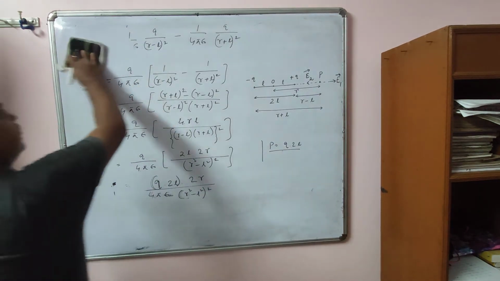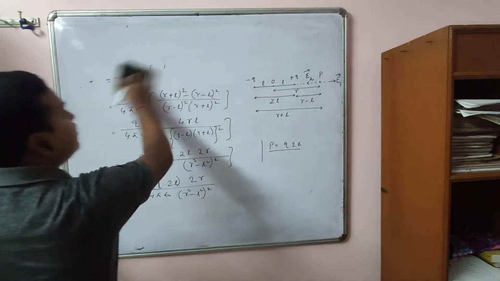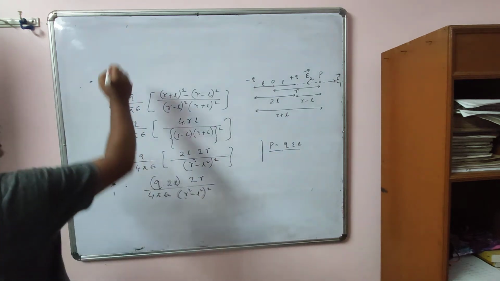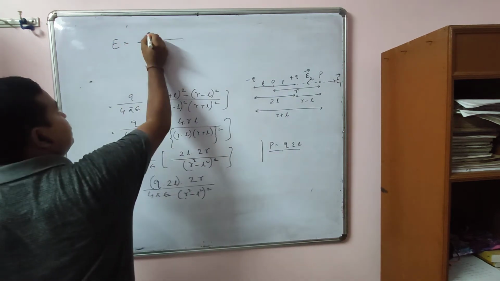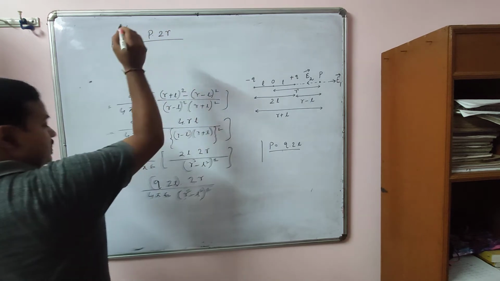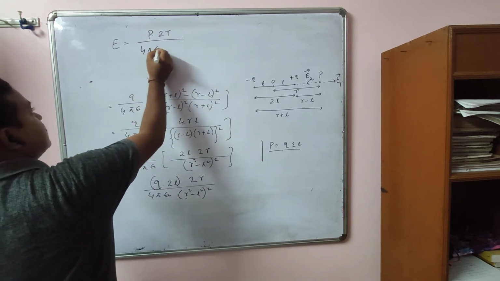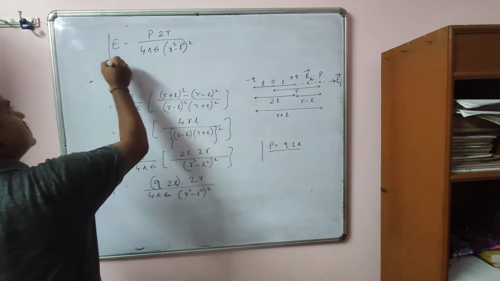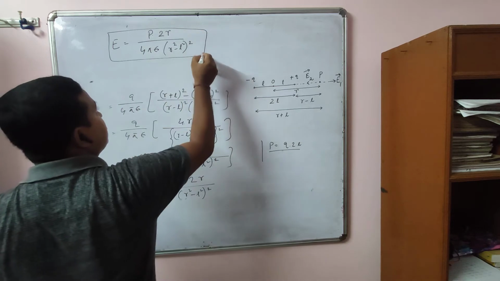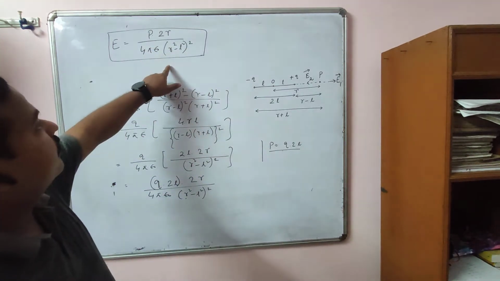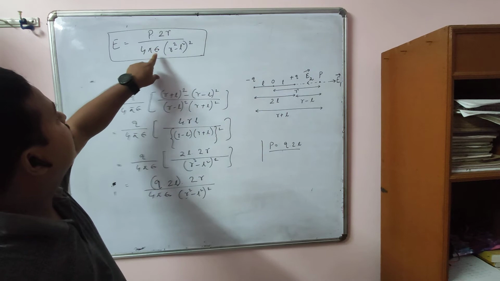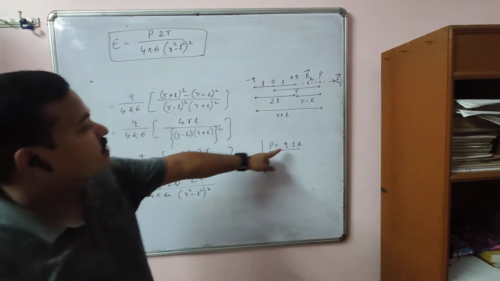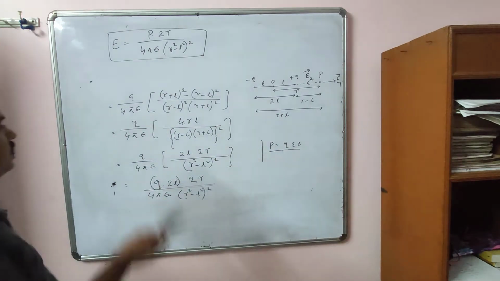Now you can place the value of this as the dipole moment P. So E is equal to P into 2R by 4 pi epsilon, R square minus L square whole square. So this is the expression of electric field due to an electric dipole. Here P is the dipole moment, that is q into 2L.